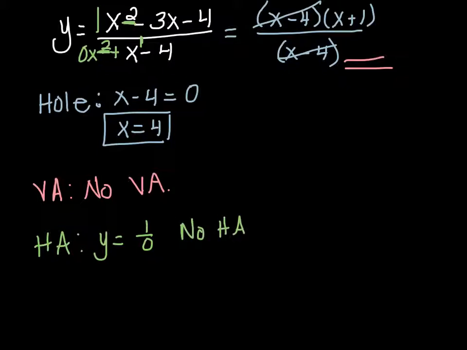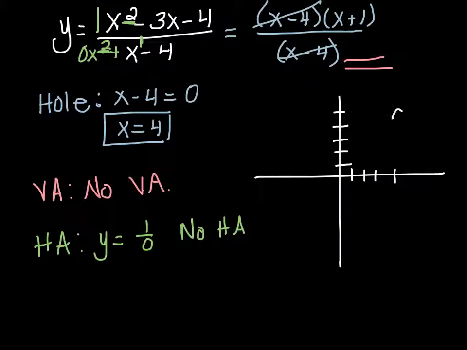So all I have in this graph is a hole. If I was to graph it on my calculator, at x equals 4 there would be a hole right there. It's going to look something like this. I'd put this in my graphing calculator, or I could just go ahead and graph the remaining pieces right there.